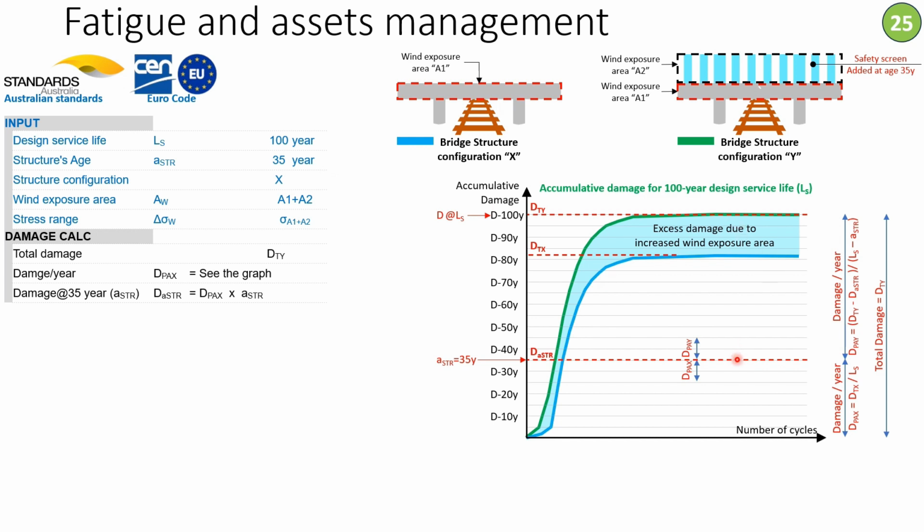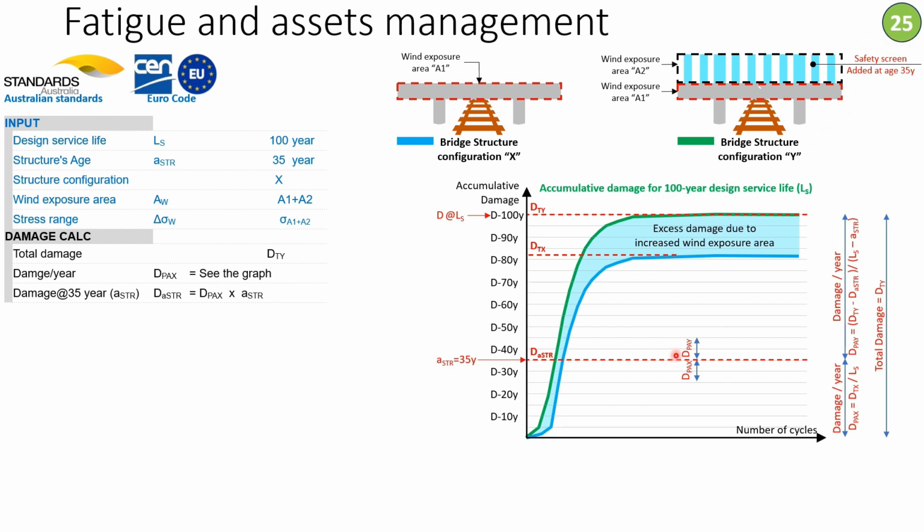So the expected lifespan for the structure after the age of 35 years is 65 years. That doesn't mean that the remaining useful life is 65 years. It might be less than 65 years, it might be more than 65 years. It depends on the total damage calculated for configuration Y after adding the safety screen.